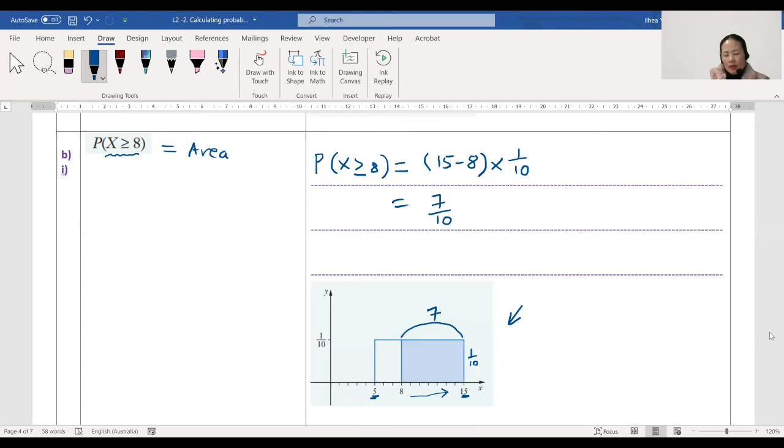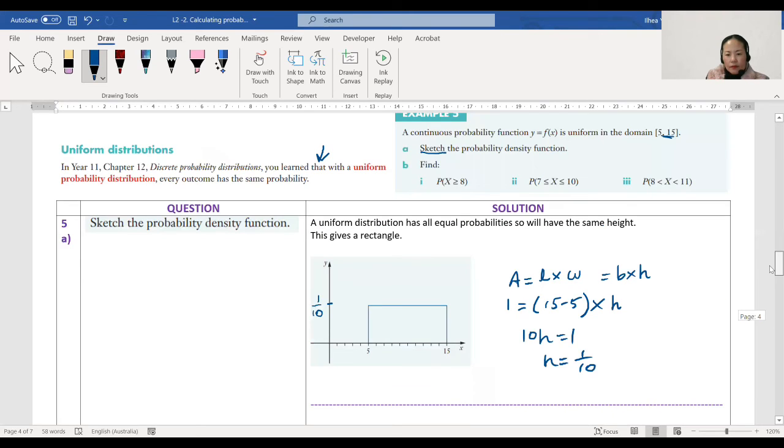The length ends up with a 7. In the previous one, this part is 10, and we end up with 10 here. Something is happening.